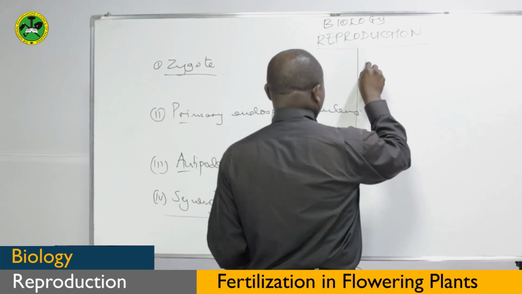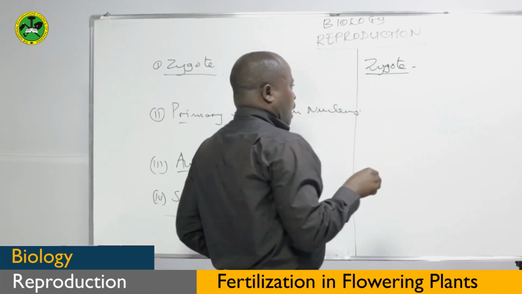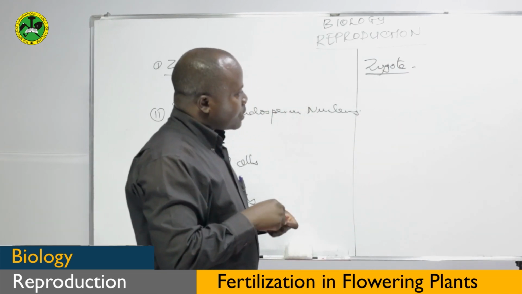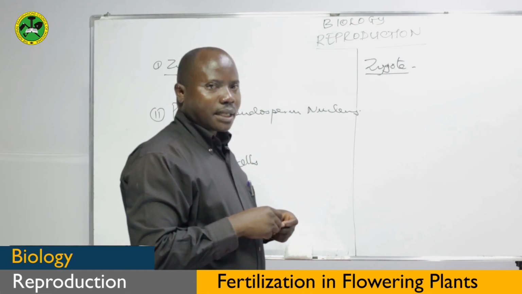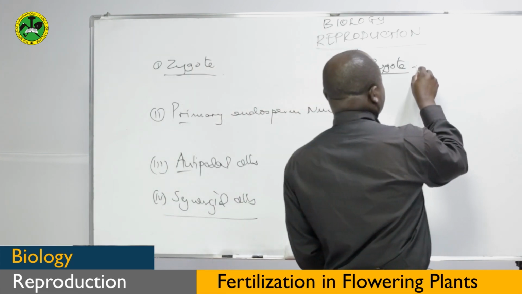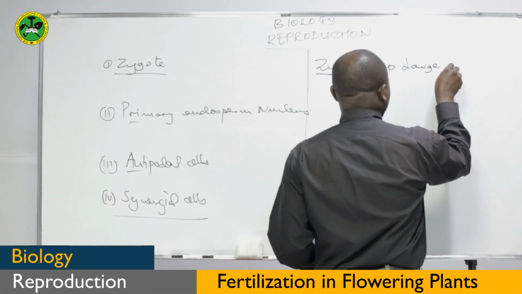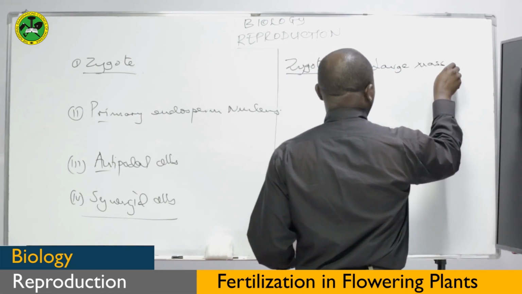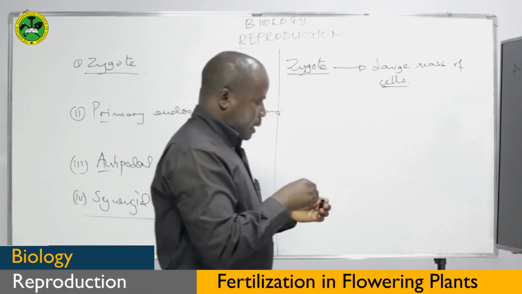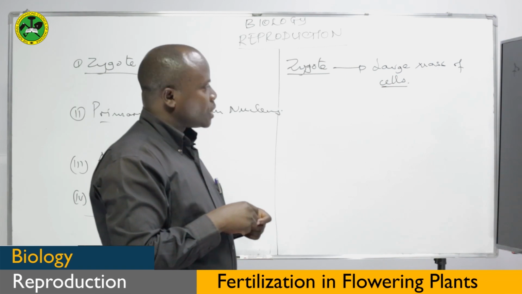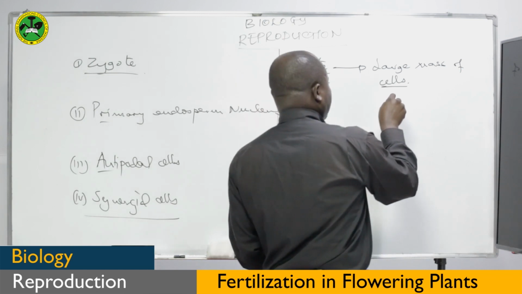Starting with the zygote. After fertilization, the zygote undergoes rapid mitotic division, producing a large mass of cells. These cells undergo cell differentiation, producing the plumule and radicle.